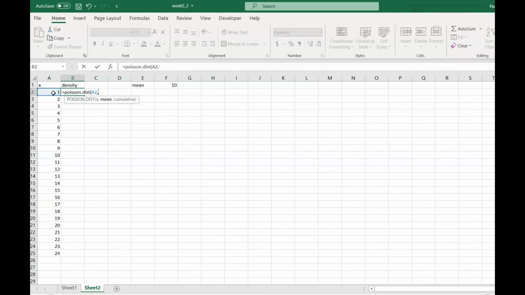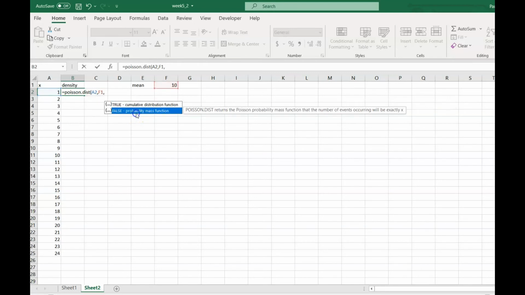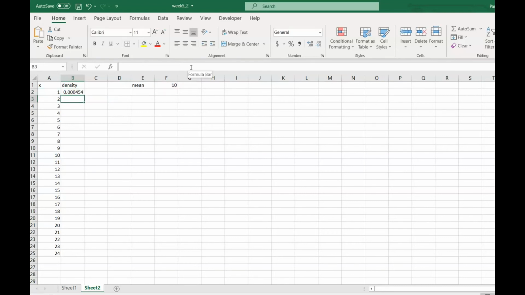First value is x. Then we have the mean value, and because we are looking at probability density, this is not cumulative, so it's false. Then we close it. Before copy and paste, we have to fix the mean, F1.